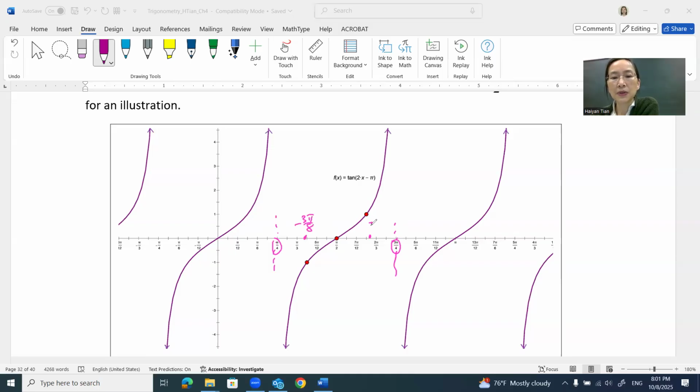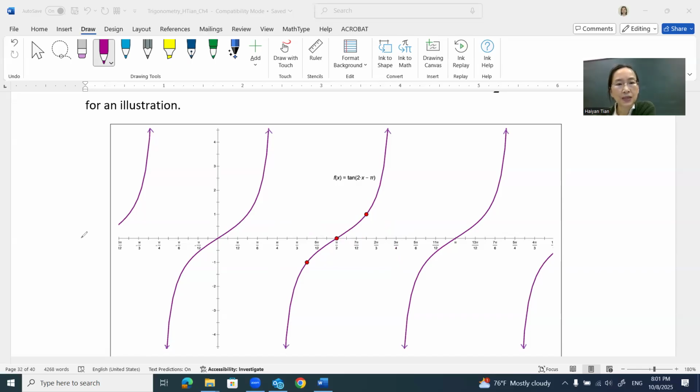This is a positive 3 pi over 8. That's a 0. I mean, that is a pi over 2, right in the middle of this overall interval where the 1 period is defined. So basically, you equally divide into 4 portions, and then you figure out where this is.